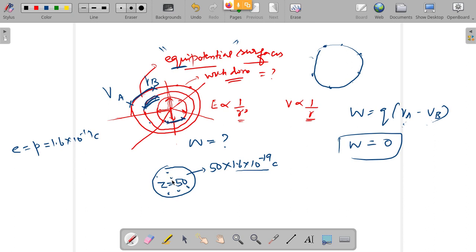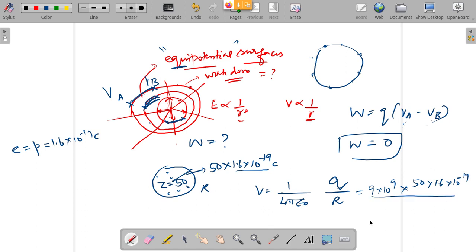Now we want the potential at the surface of a charged sphere of radius r. The formula for that is 1 by 4 pi epsilon naught q by r. So this is 9 into 10 power 9 into the charge, that is 50 into 1.6 into 10 power minus 19 divided by the r.